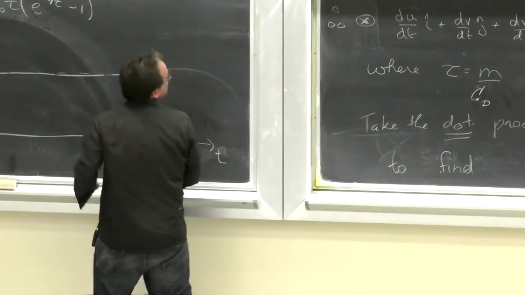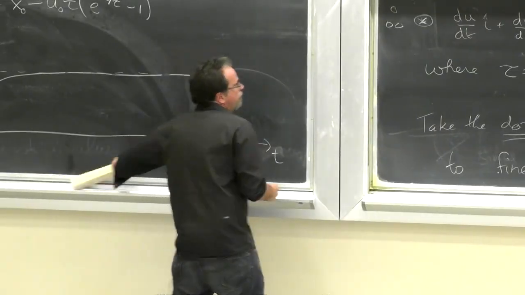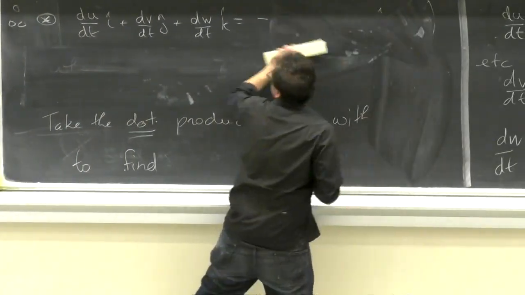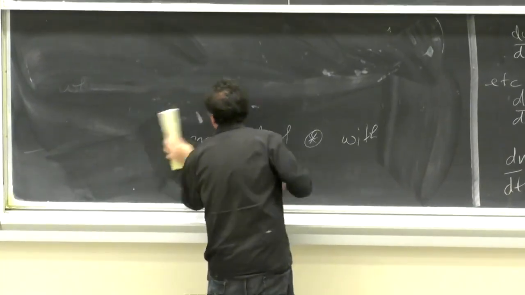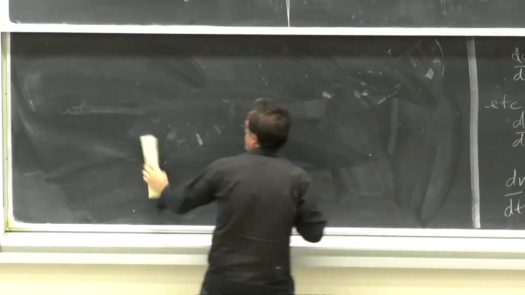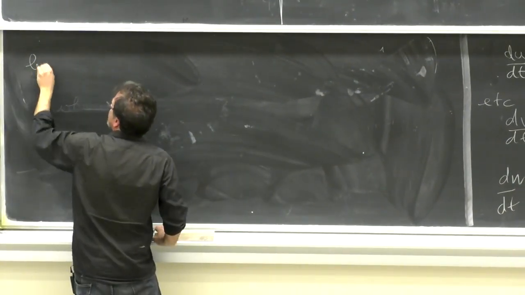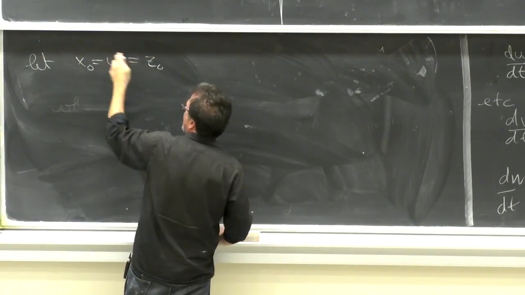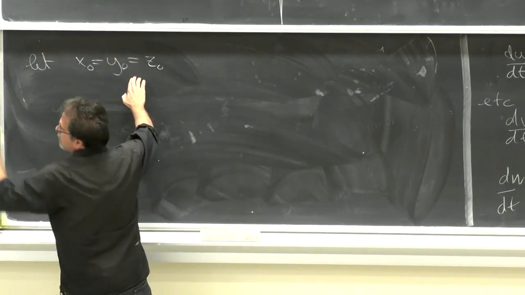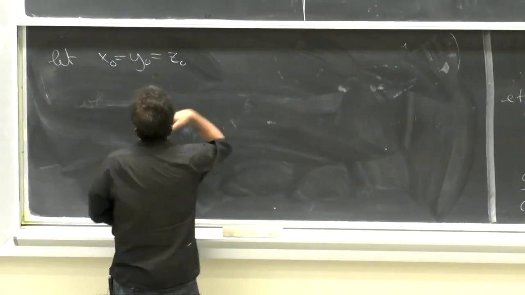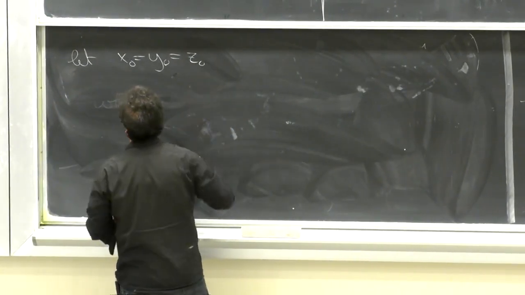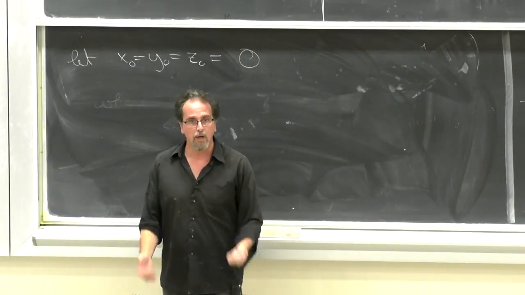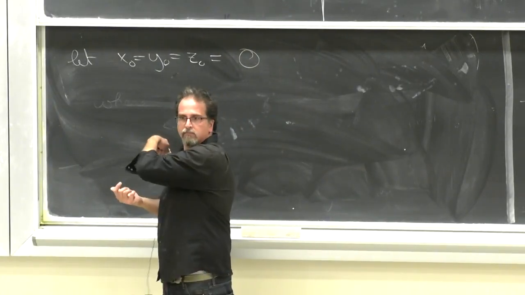So let x0 equal y0 equals z0. We haven't encountered these yet, but you would see where x0 comes into the x of t equation, y0 comes into the y of t equation, and z0 would also come into the z of t equation. Let them be equal to each other, and let them be equal to 0. I'm firing my ball from the origin. Okay?